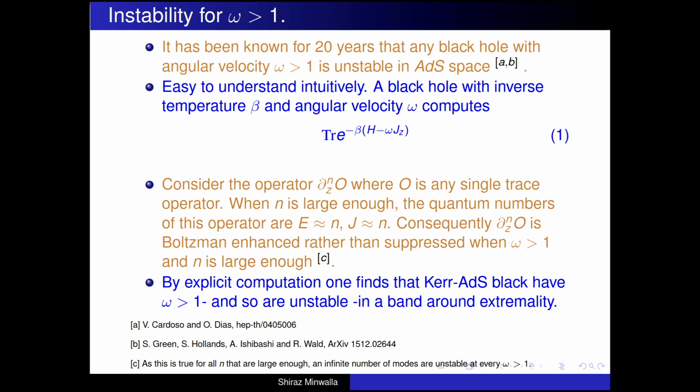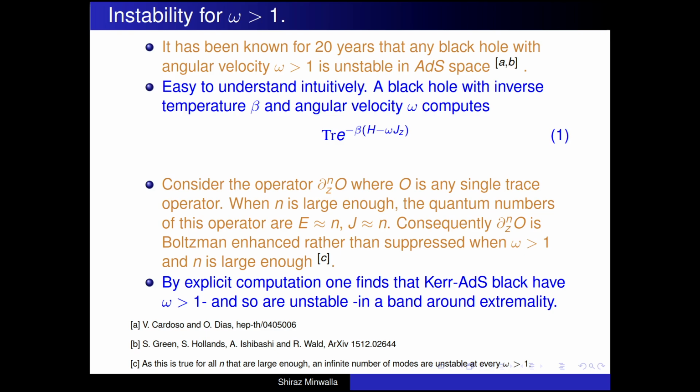Now, look at an operator like (∂_z)^n O, where O is some fixed single trace operator, and let n become very large. Such an operator has both very large angular momentum and very large energy. When n is very large, the energy is approximately equal to the angular momentum. And for this reason, if omega is greater than 1 in equation 1 up there, with energy equal to angular momentum but omega greater than 1, the Boltzmann suppression becomes a Boltzmann enhancement.